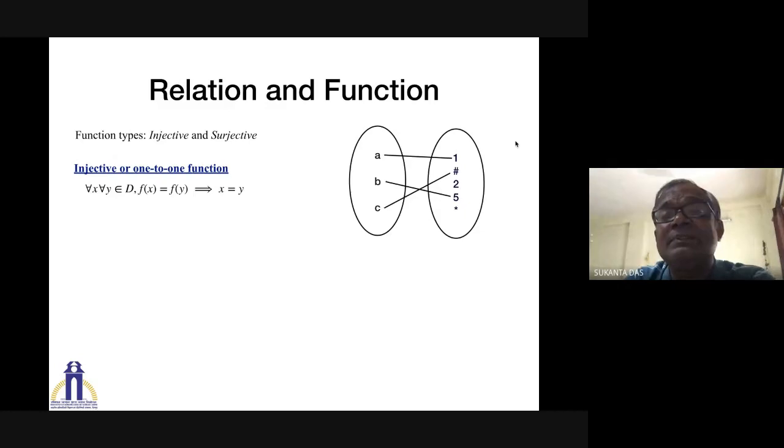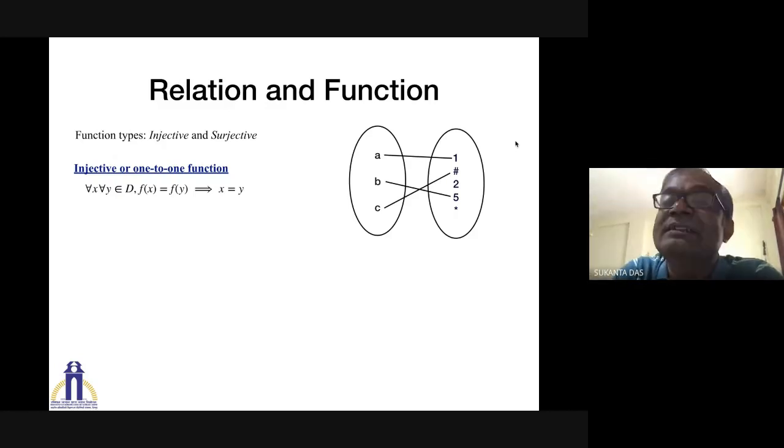Meaning is given by example, then it will be clear. The example I have given here, in the last case, is an example of an injective function. It may so happen that b is also associated with 1. There's a problem, but if that happens, then that function cannot be injective.